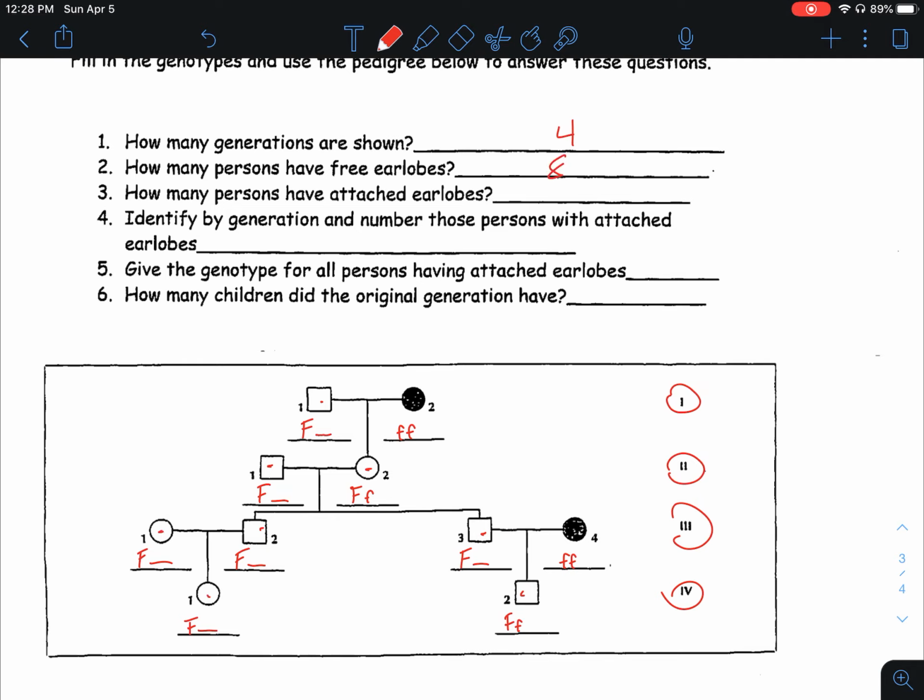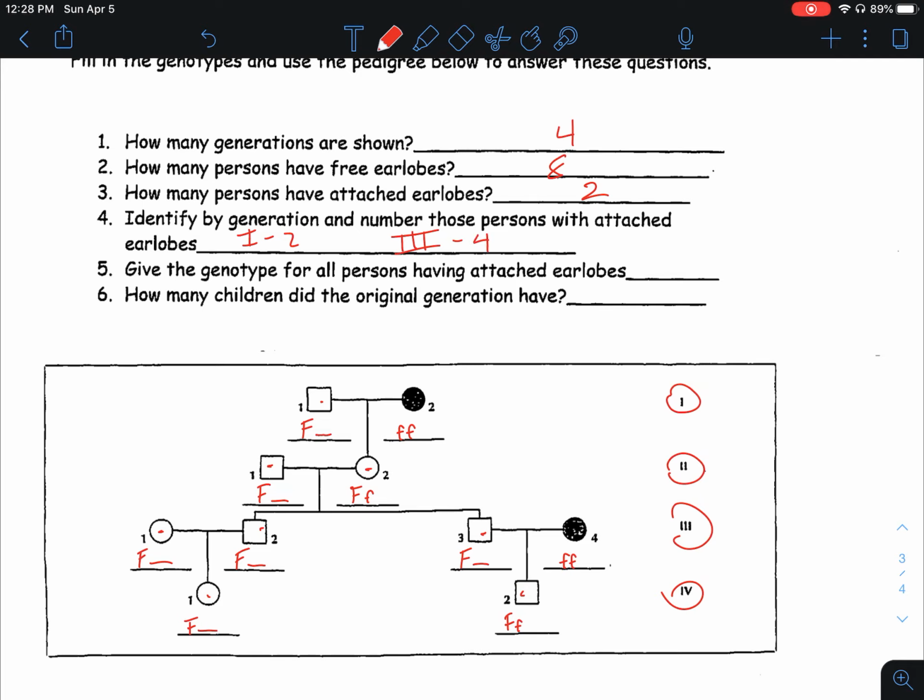How many people have attached? That's the shaded, so you just have 2. Identify by generation and number those persons with attached earlobes. So it's generation 1 dash 2 and generation 3 dash 4.